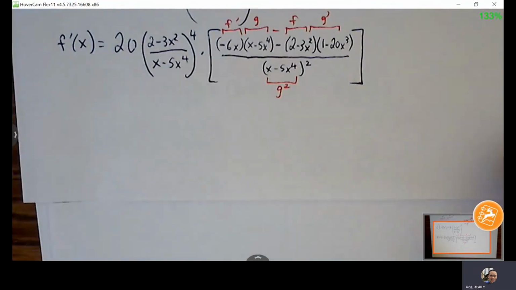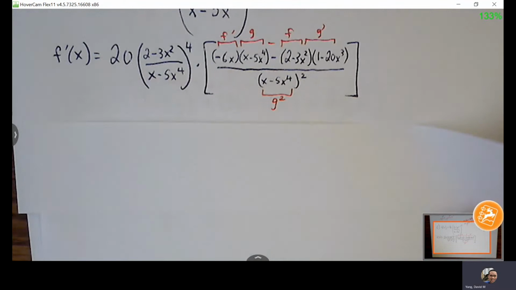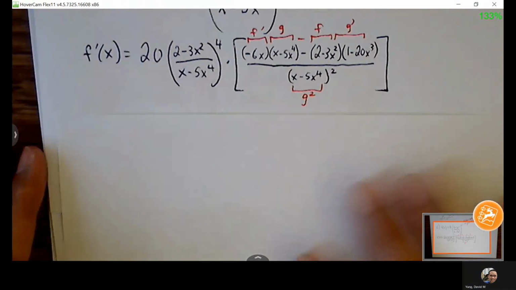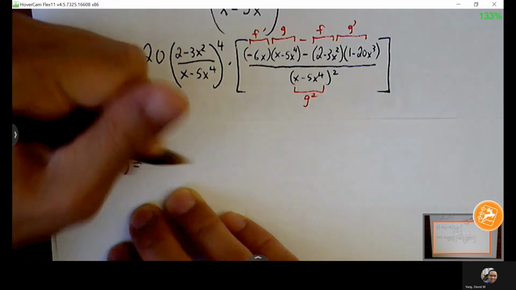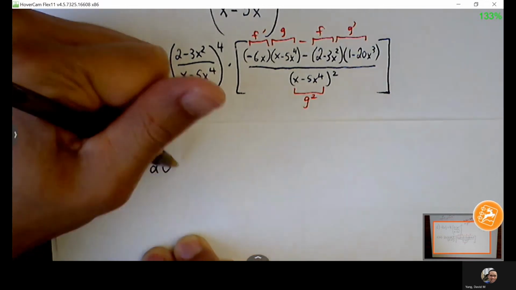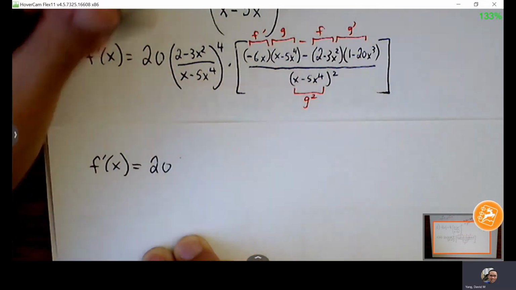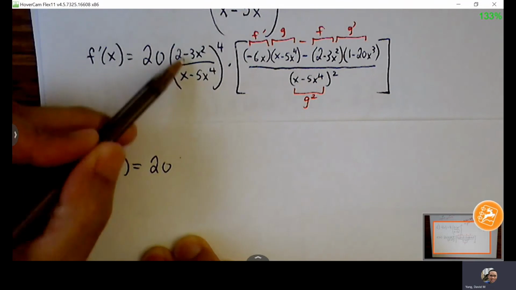All right. Cleanup effort. I think this is helpful, breaking this up into individual pieces.